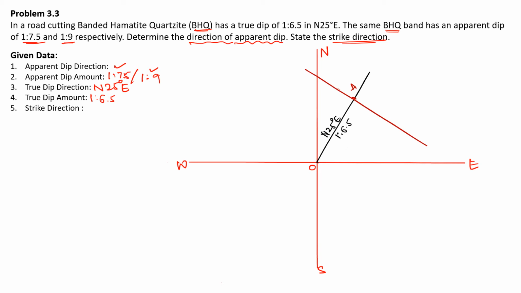This will be the perpendicular line to the straight line. Okay, this is 90 degrees.